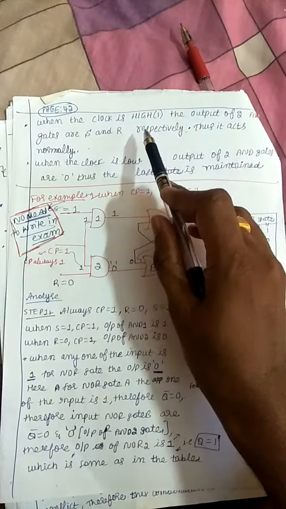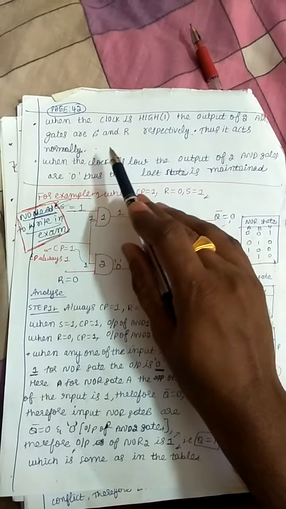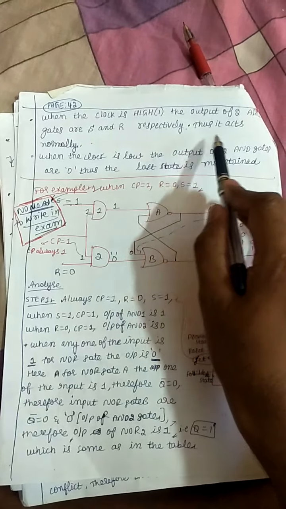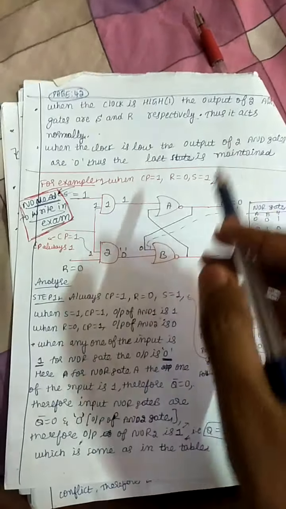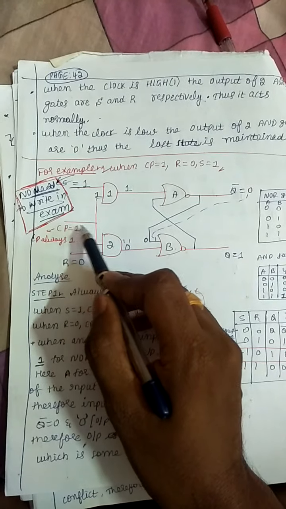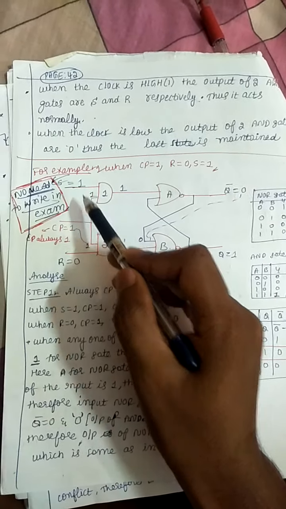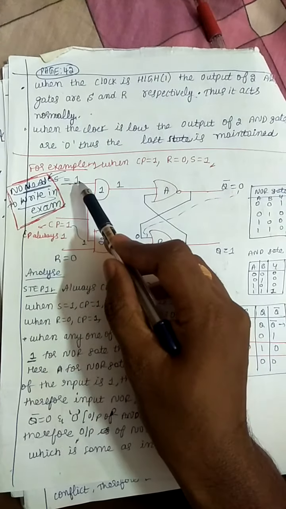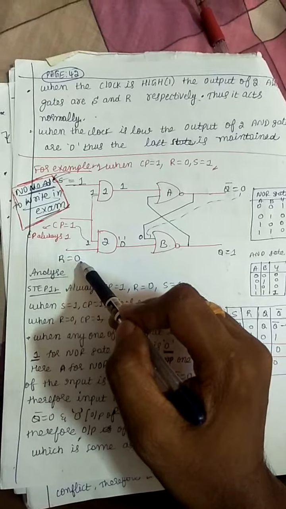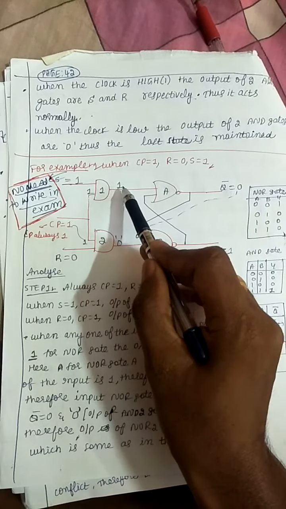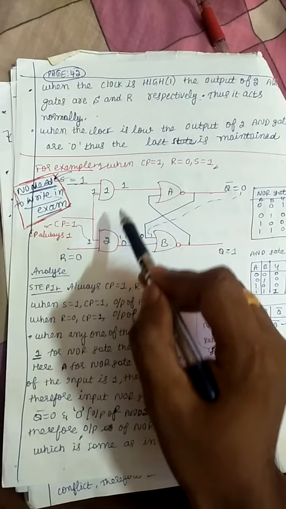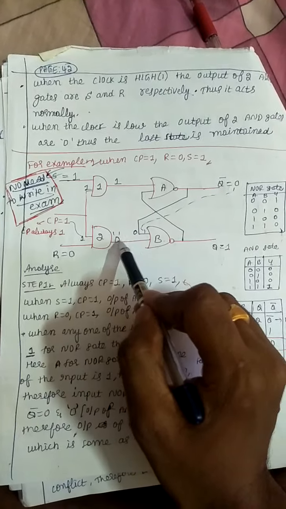So here, when the clock is high, the outputs of the two AND gates are S and R respectively. Thus it acts normally. In the sense, if you apply clock is equal to 1, then whatever you applied at S and R, here I applied S is equal to 1, R is equal to 0. The same 1 will appear before the NOR gate, and the same 0 will appear here before the NOR gate, if the clock is 1.